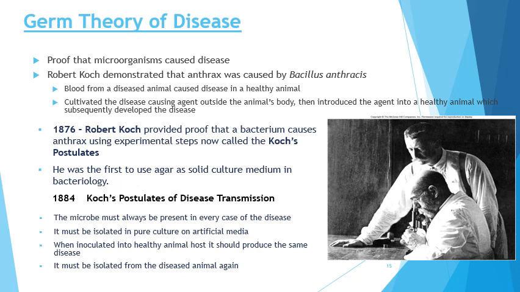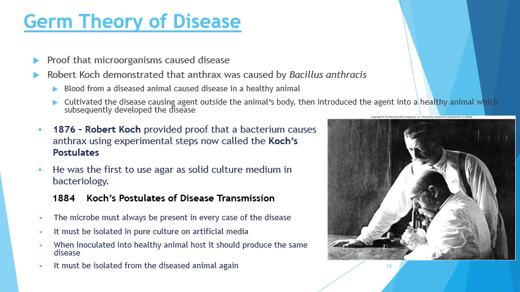The discovery alerted scientists to the possibility that microorganisms might have some similar relationship with plants and animals, specifically that microorganisms might cause diseases. This idea was known as the germ theory of disease.